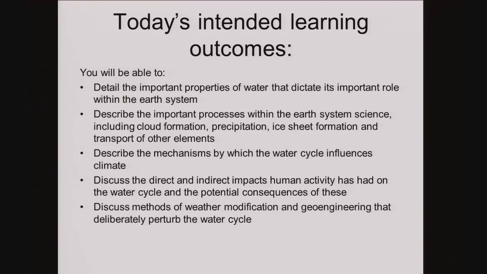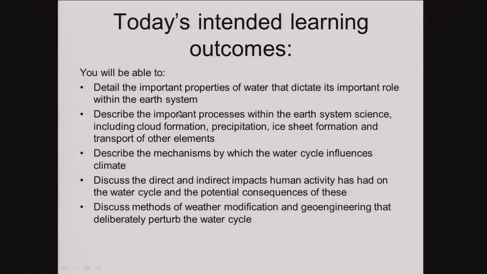Right, so there's some learning outcomes. The intended learning outcomes today: hopefully, at the end of today, you will be able to detail the important properties of water and its important role within the Earth system.